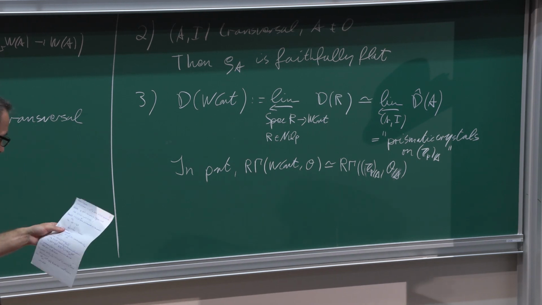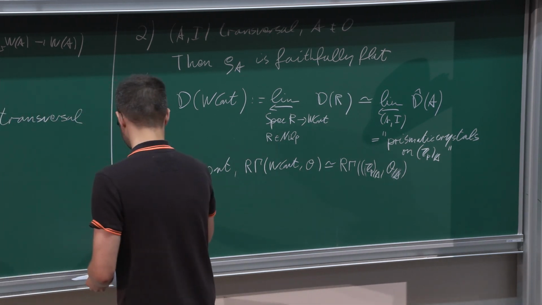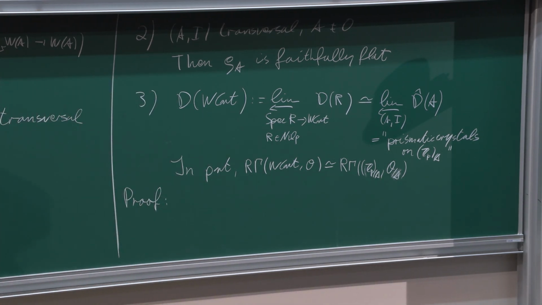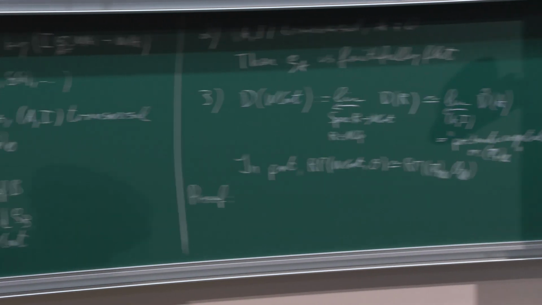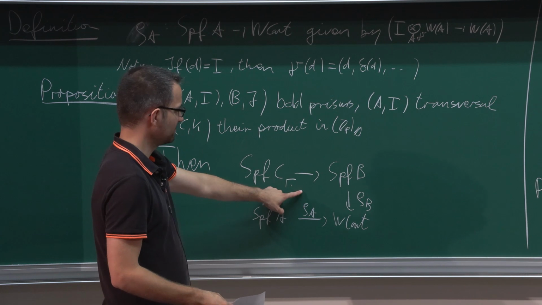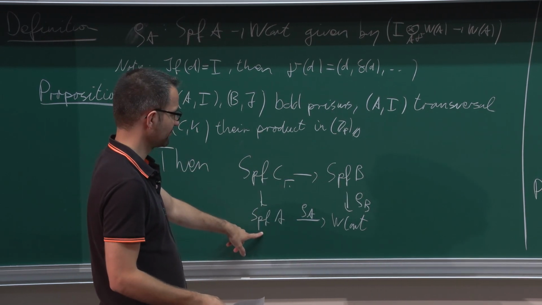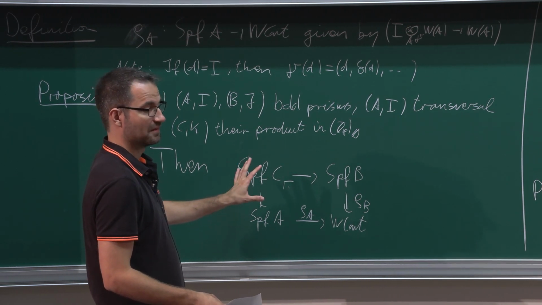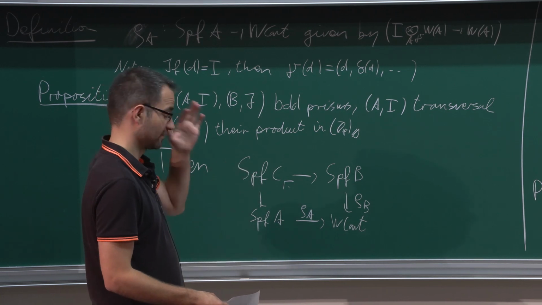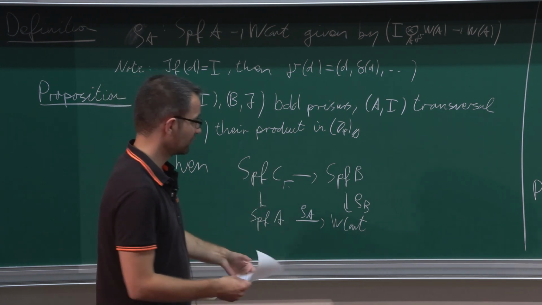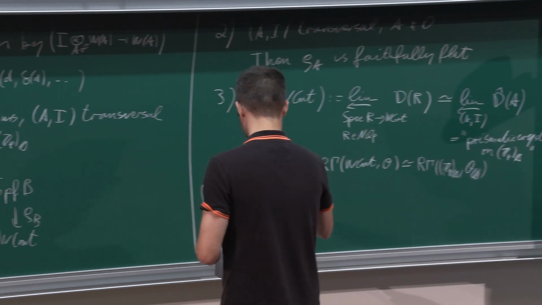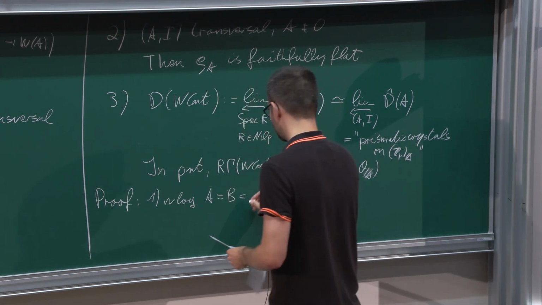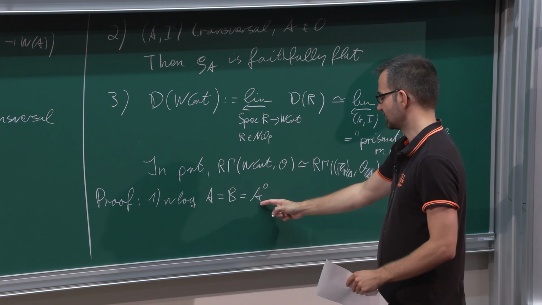Okay, let me indicate how the statement can be proven. Let's check this first statement, but that claim here is actually local on Spf B and local on Spf A, and using that the fiber products in the prismatic site are just computed on the underlying tensor product, one can reduce to the case that actually A is equal to B and that B is equal to A0.